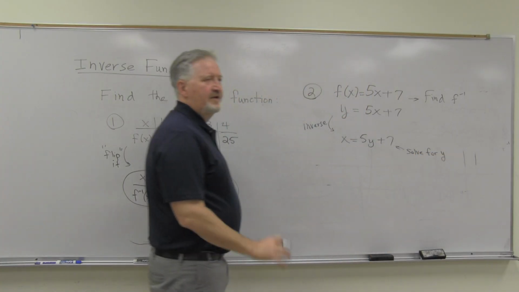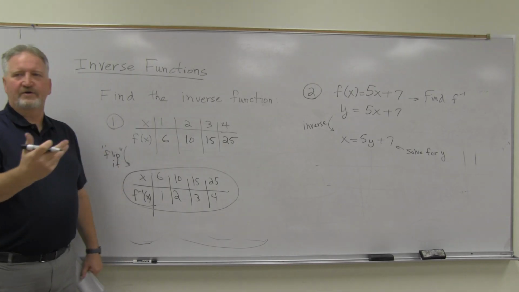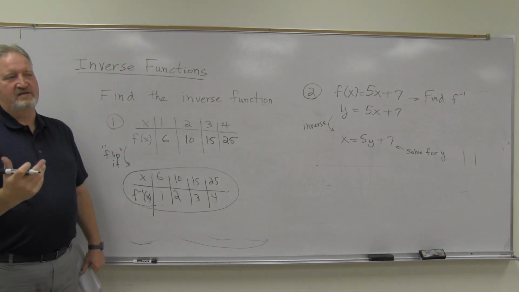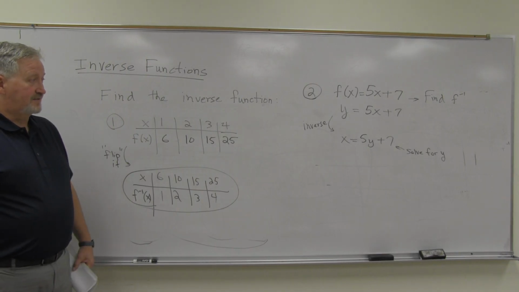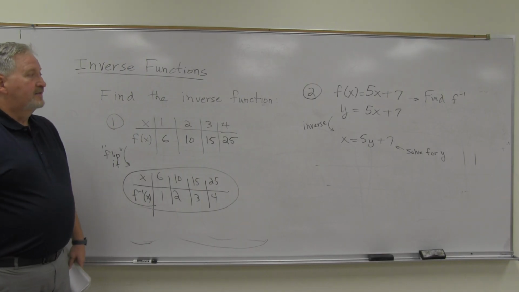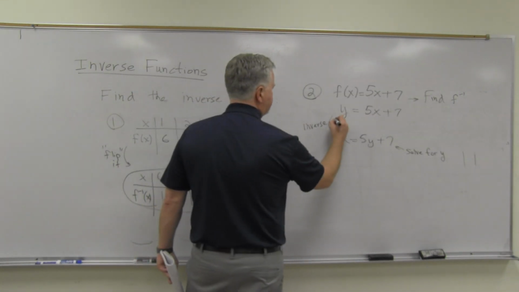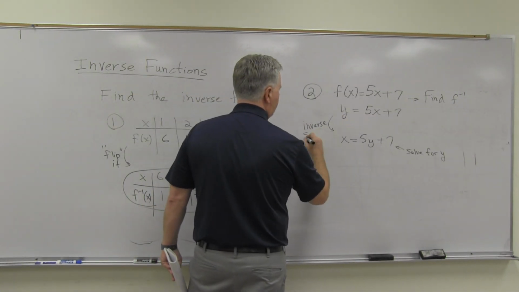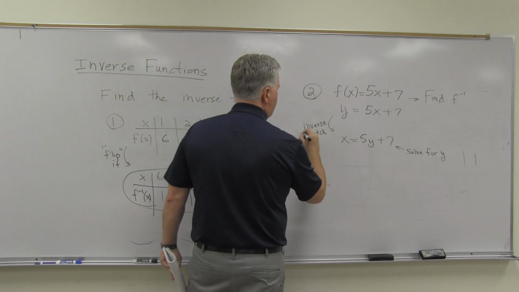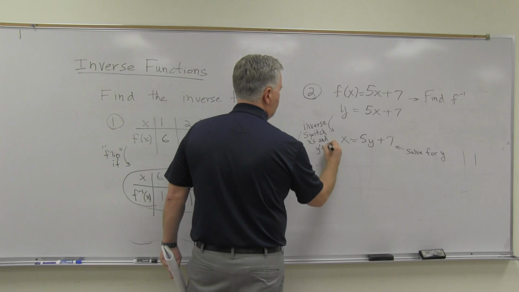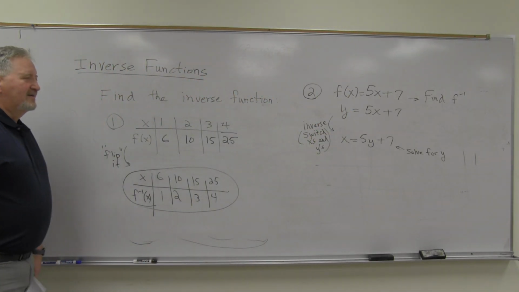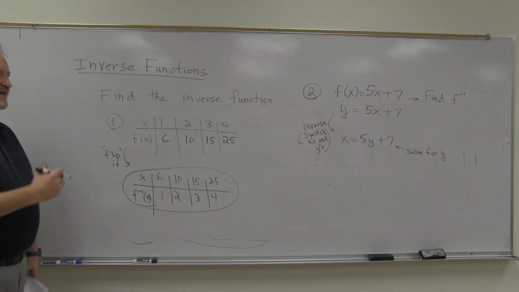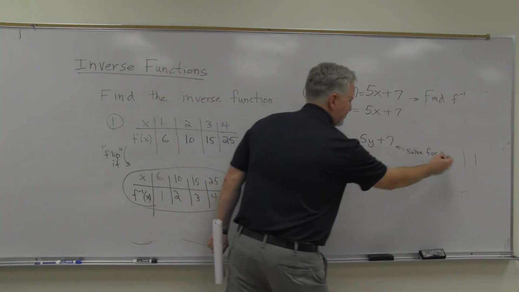When you flip them, your y is no longer going to be solved for in most cases. So that's the second step. Flip the x's and the y's. That's our first step. Well, the first step was change f of x to y, but the next step after that, switch the x and the y, and then the third step, solve for y.